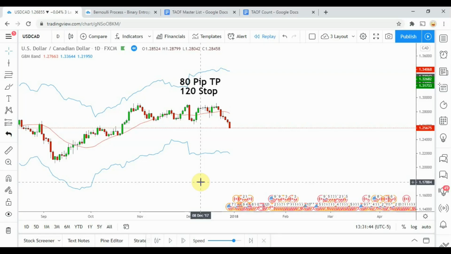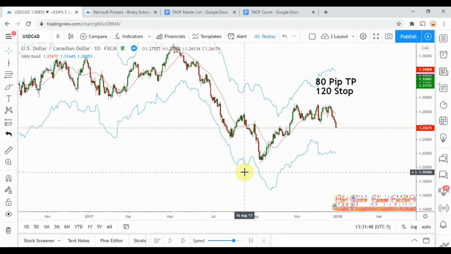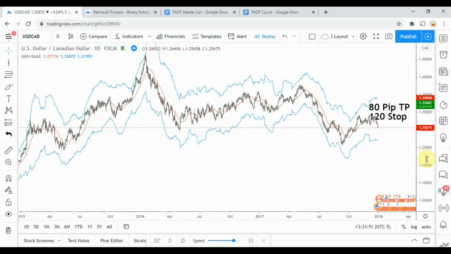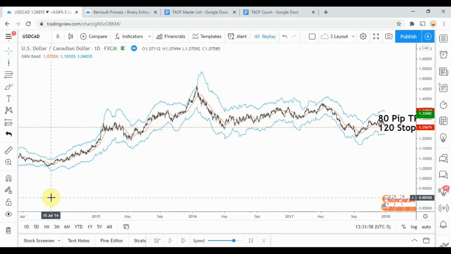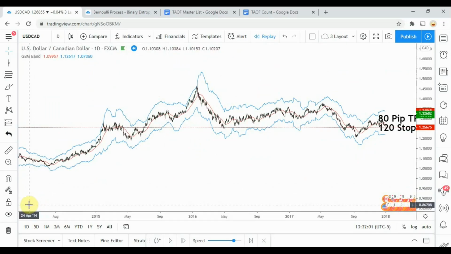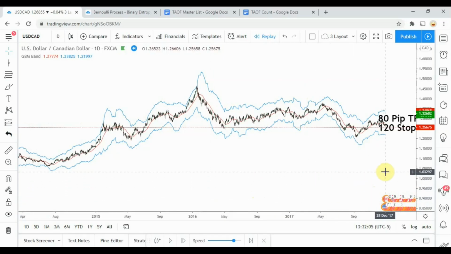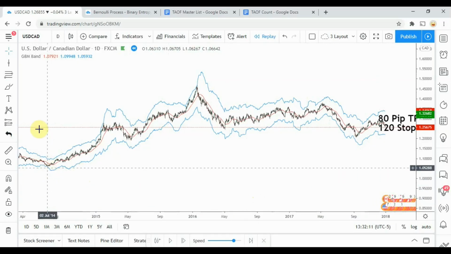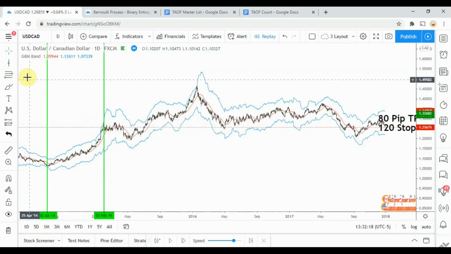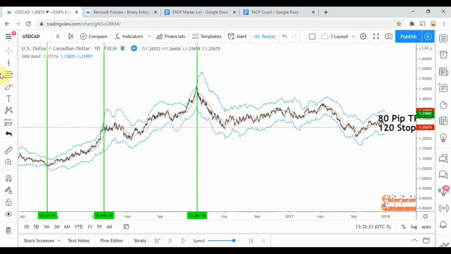Again, the reason I didn't test it with the bands was because if I scroll back here on the default settings, you see that from 2014 all the way up to 2018, that is 4 years of time, there are only 4 moments where price action moves enough to interact with the bands.